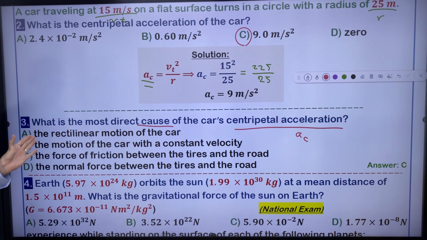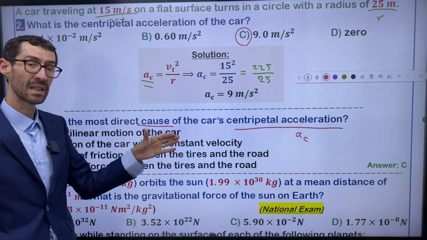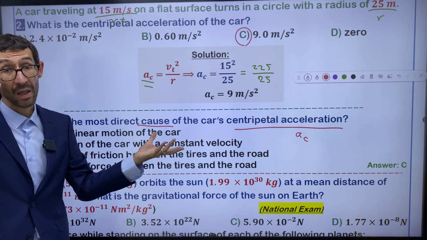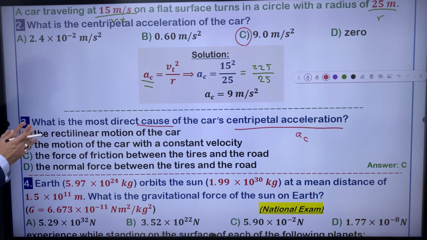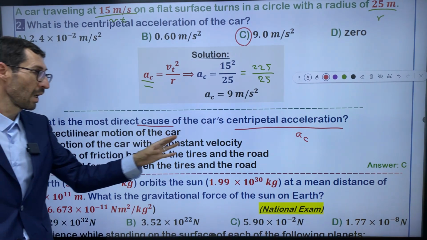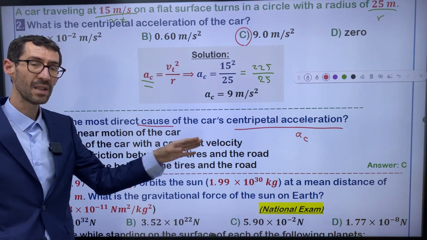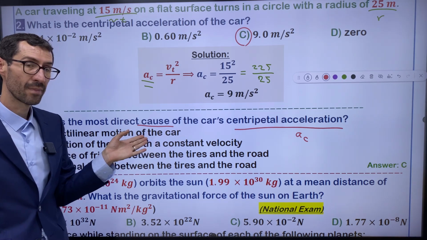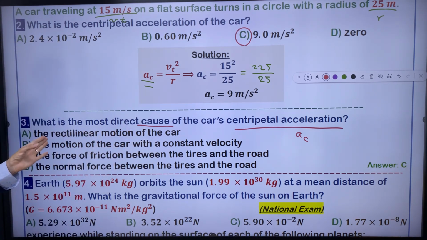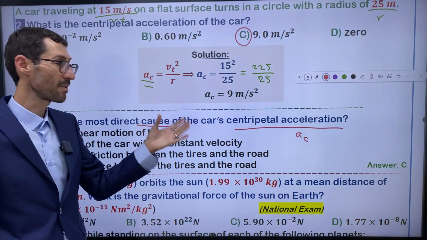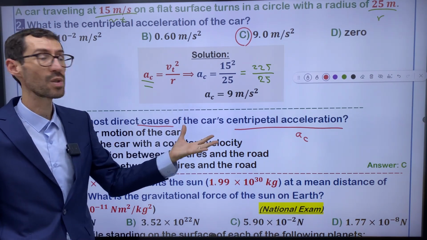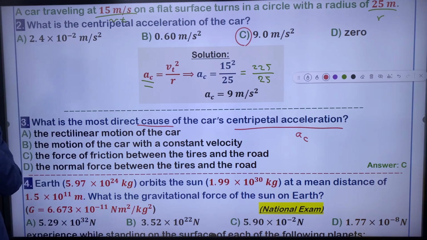If the option says the motion of the car with a constant speed, no problem. But if you replace speed with velocity, it's wrong. Motion of the car with constant velocity or speed is not the source of centripetal acceleration.